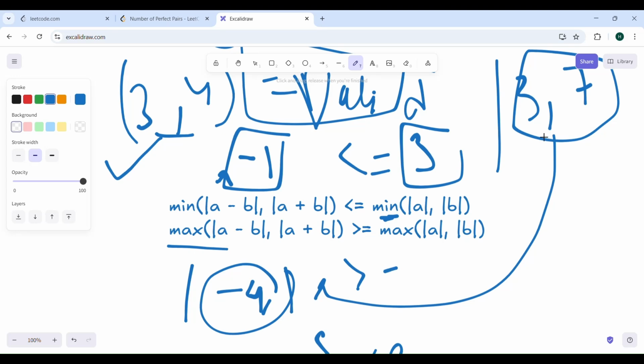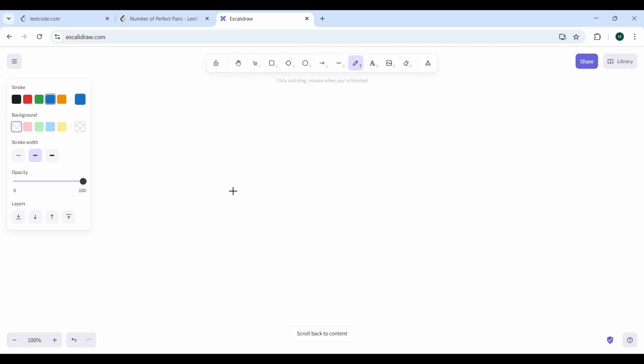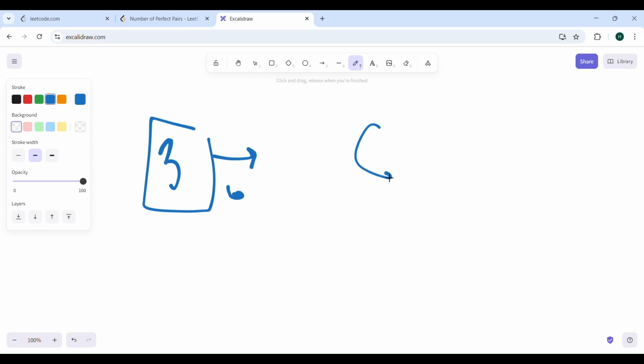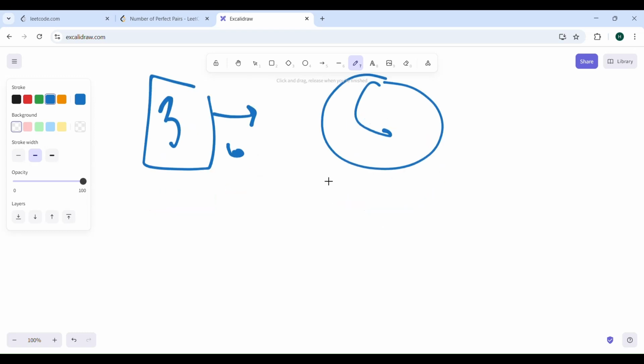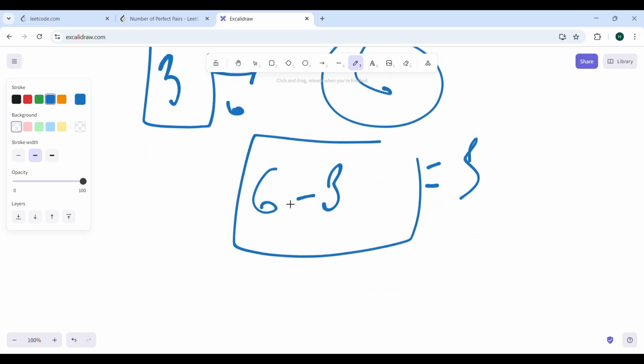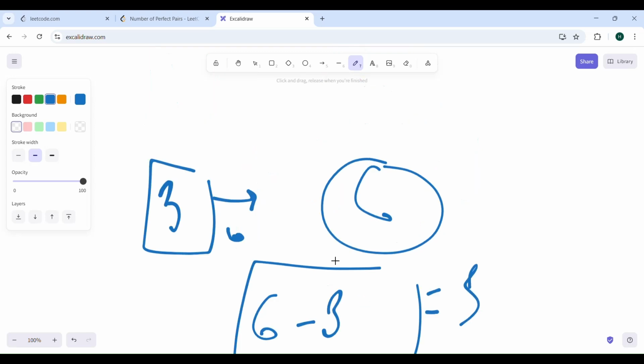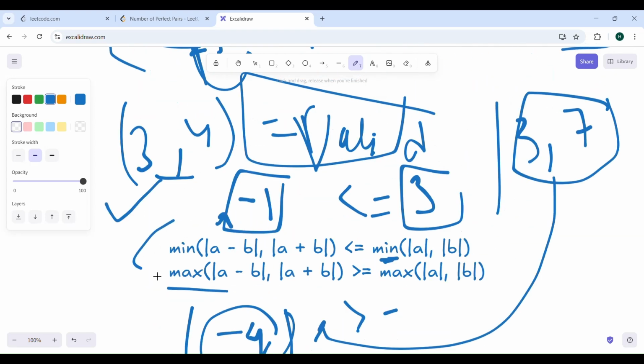So what can you observe from this? For 3, let's say the smaller number, the largest you can take is 6. Why? Because 6 minus 3 will be 3, and anything bigger than 3 will violate my first equation's condition.